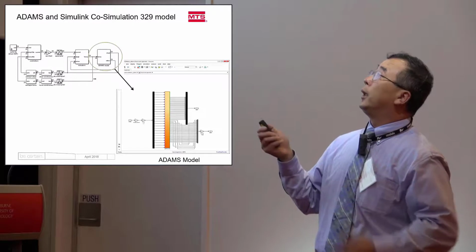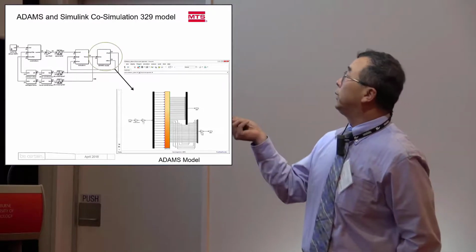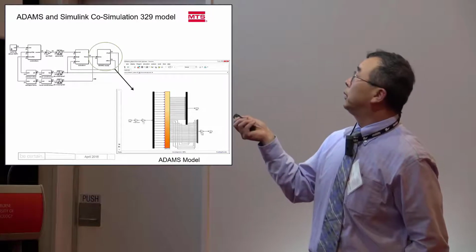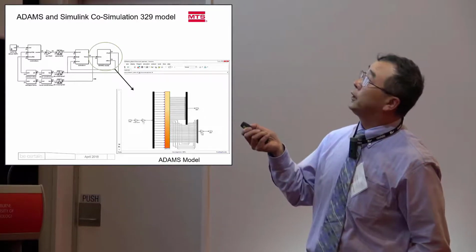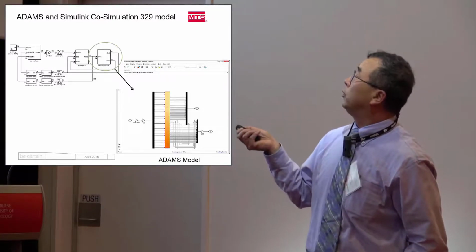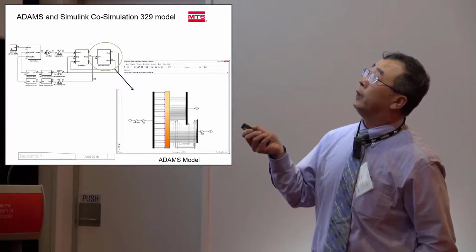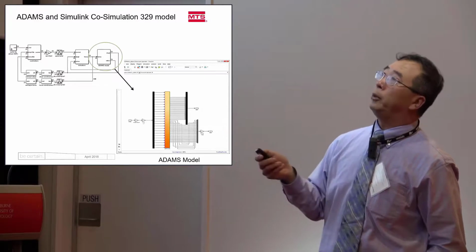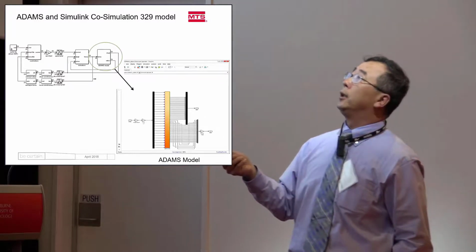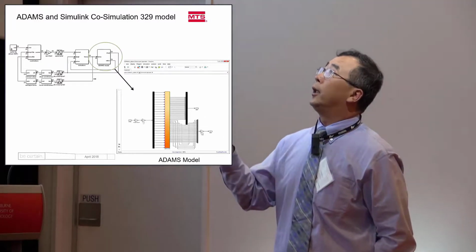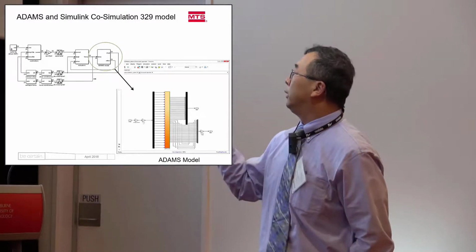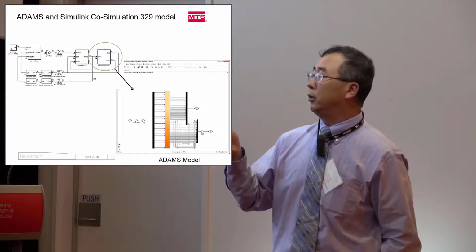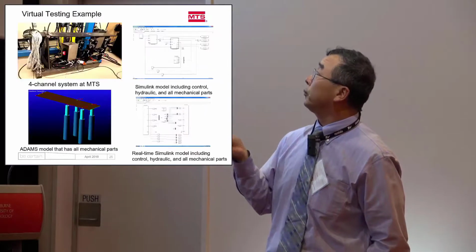It takes time, so if we could use this virtual test system and use RPC to connect to this virtual system, figure out the drive file ahead of time, then in the lab we will speed up the durability test significantly and avoid extra damage on the specimen during the RPC iteration. Yeah, so this is what we try to do.